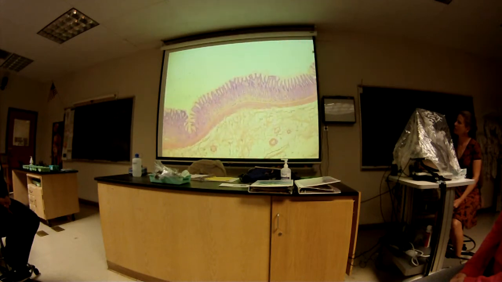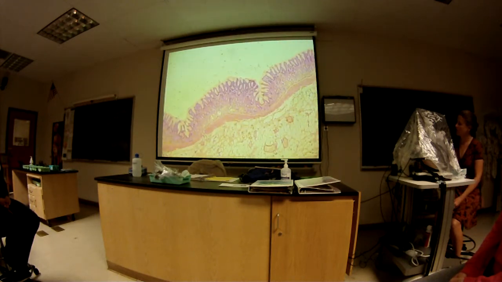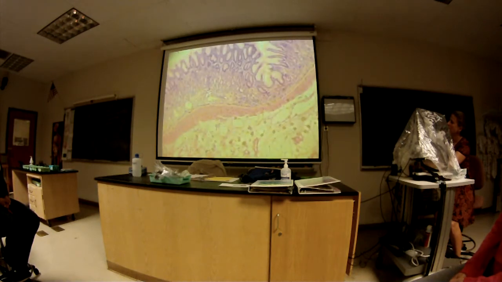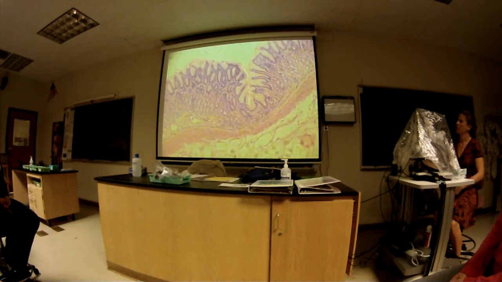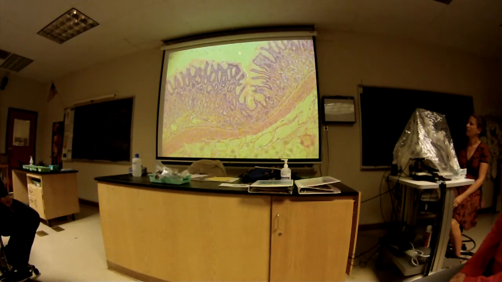Okay, so the mucosa has these gastric pits. This looks pretty different than the colon. I think if you compare them side by side, you'll be able to identify them.